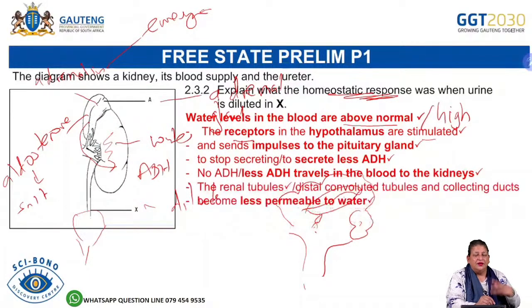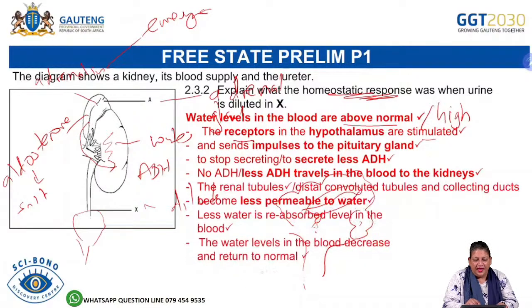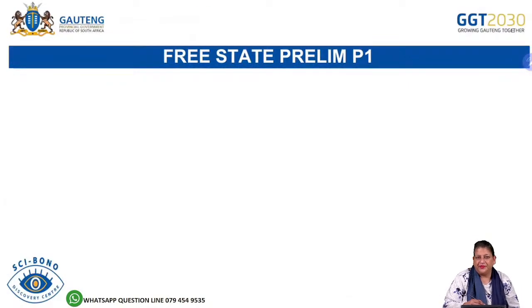So you find that the renal tubules become less permeable to water because there's no ADH, and therefore less water is reabsorbed into the blood, and the water levels in the blood will decrease and go back to normal. Because it was already high, so by not reabsorbing more water, the water level will come down because more water was excreted in the urine. Okay.